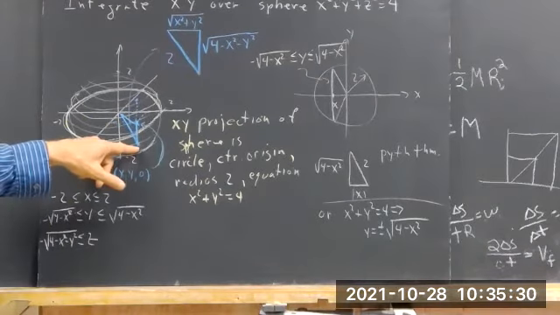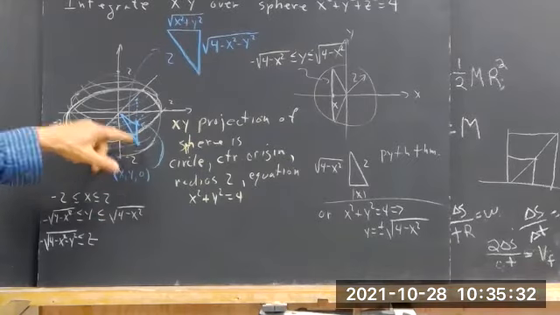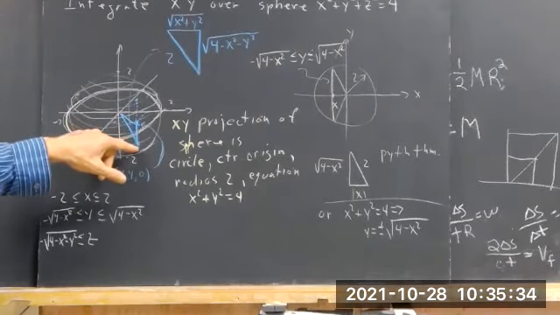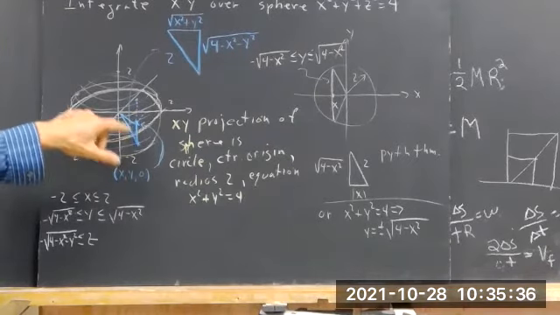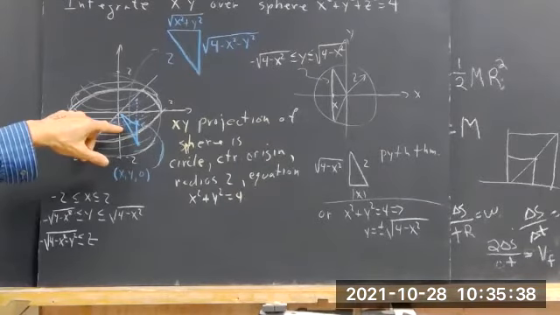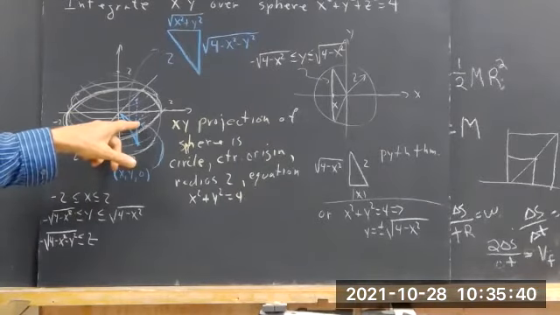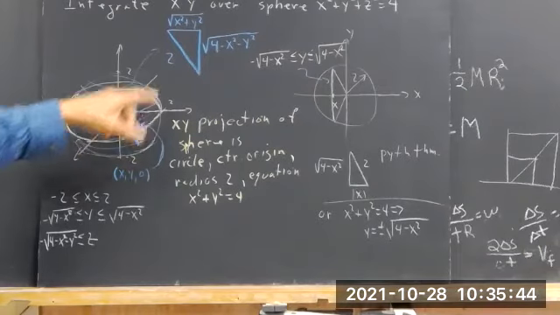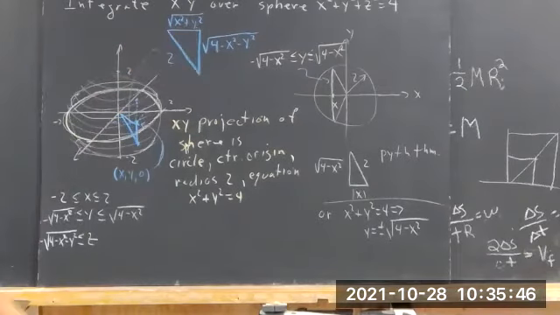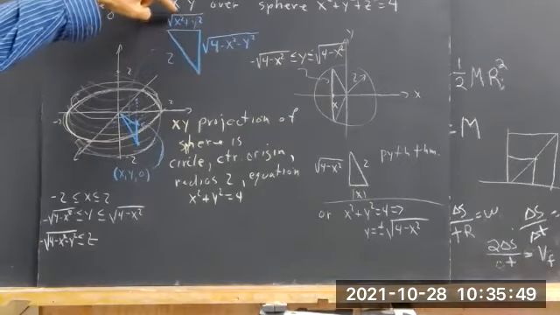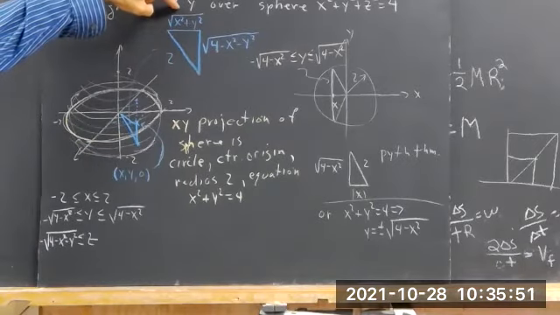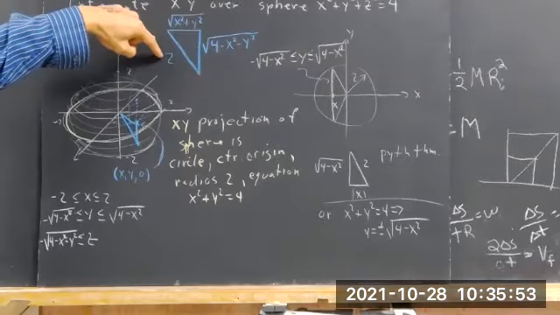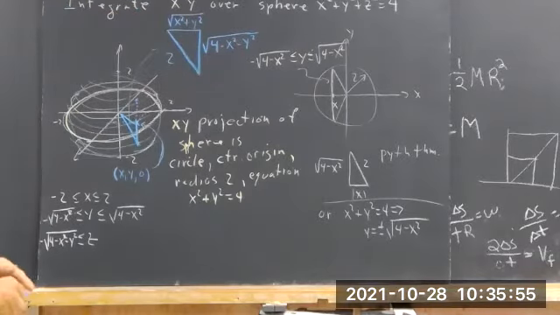Well, if this point is on the sphere, then it's 2 units from the origin. So this side of this triangle will be 2. This is the point x, y; from point 0, 0 to the point x, y, the distance is the square root of x squared plus y squared. So this triangle has a side equal to the square root of x squared plus y squared, and a side of 2.